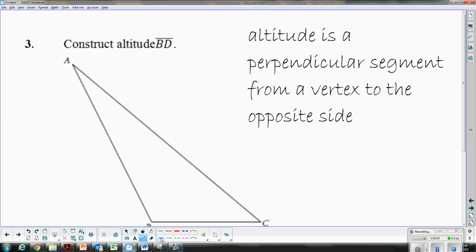Okay, so this point B is on our perpendicular bisector of C and some other point. So this is 3.1 where we had a line and we needed to find the endpoints, and then we constructed the perpendicular bisector.